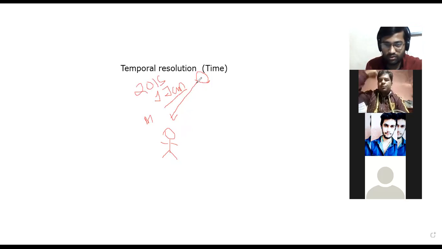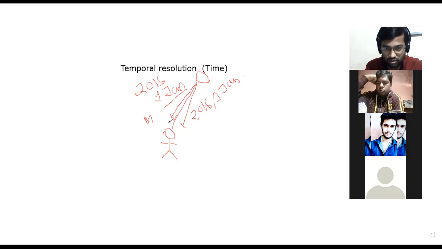Then what I will do is again next year, on 1st January 2016, I will capture Mayank's photograph again. Then I will again capture the photograph of Mayank on 1st January 2017, like this.